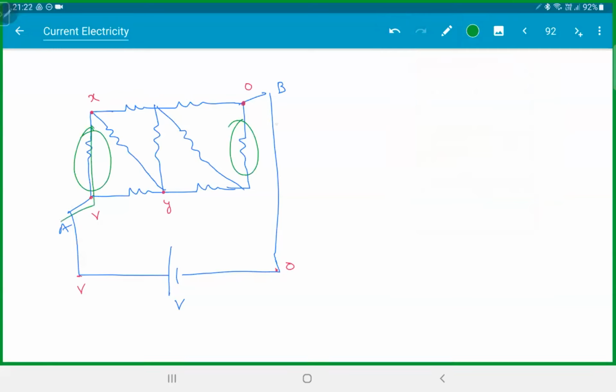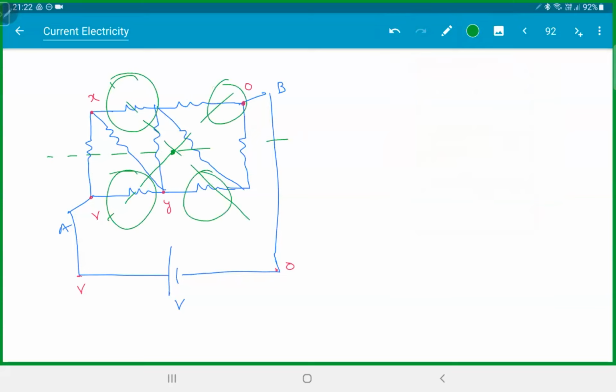See now, current is going this way, the current will go back here. If you look at this point symmetry, everything along this point will be symmetrical. You're getting it? Whatever happens here will happen here. It's a point symmetry. Everything that happens here will happen here.